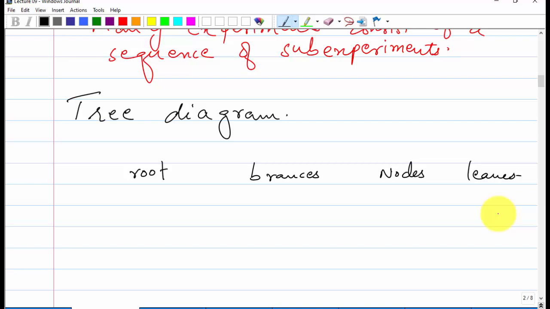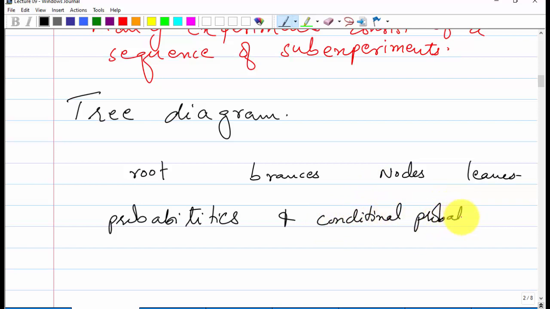In this tree diagram we could also have the probabilities of the events and conditional probabilities to represent our experiments and sub experiments.